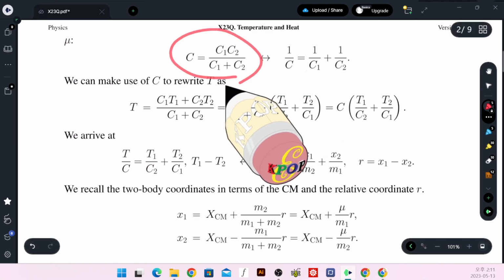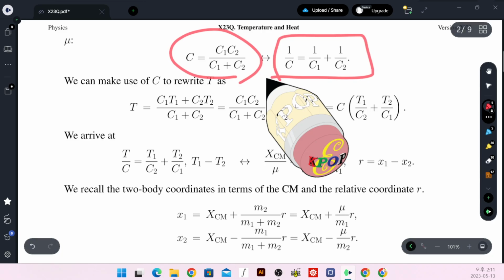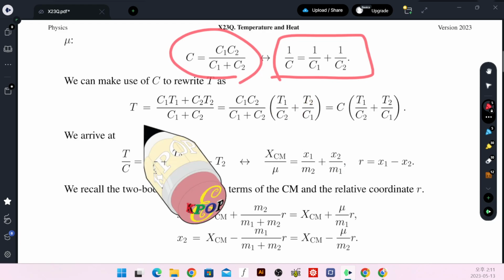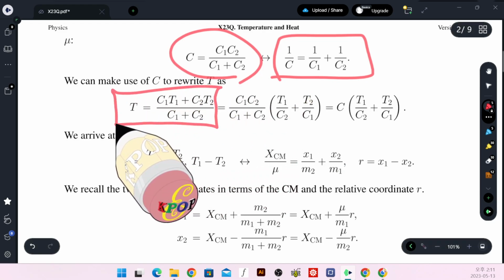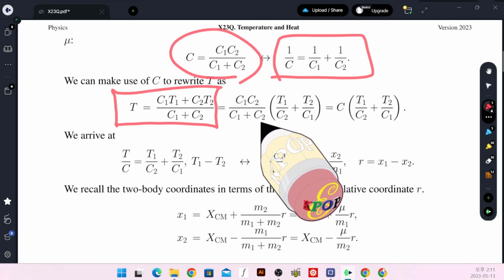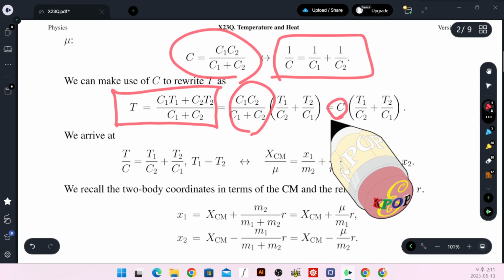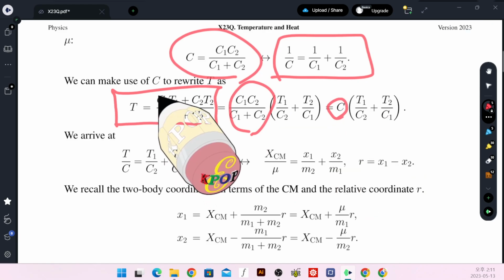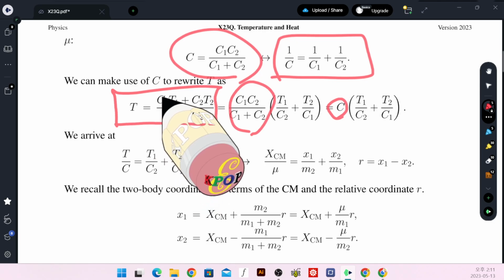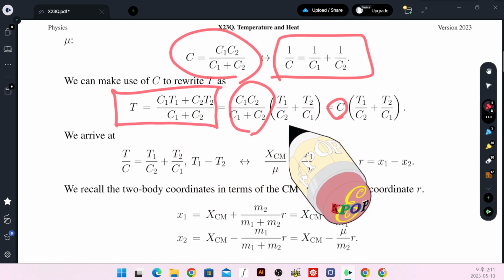Then, just like the reduced mass, we can introduce the heat capacity, capital C, for something. And according to our solution of the final temperature, we pull out the common factor C1 C2 divided by the sum that is nothing but the C. And then the coefficient is replaced with the reciprocal of the other part's heat capacity.